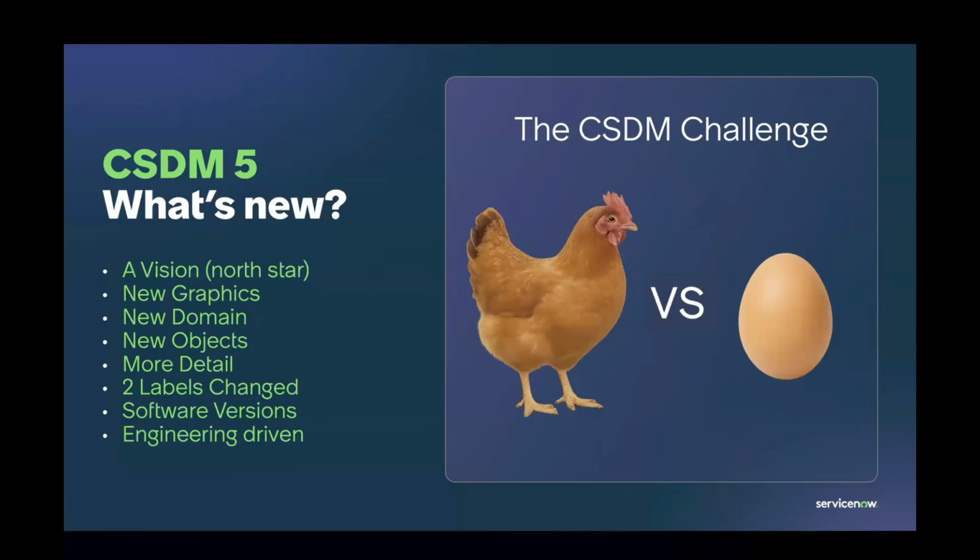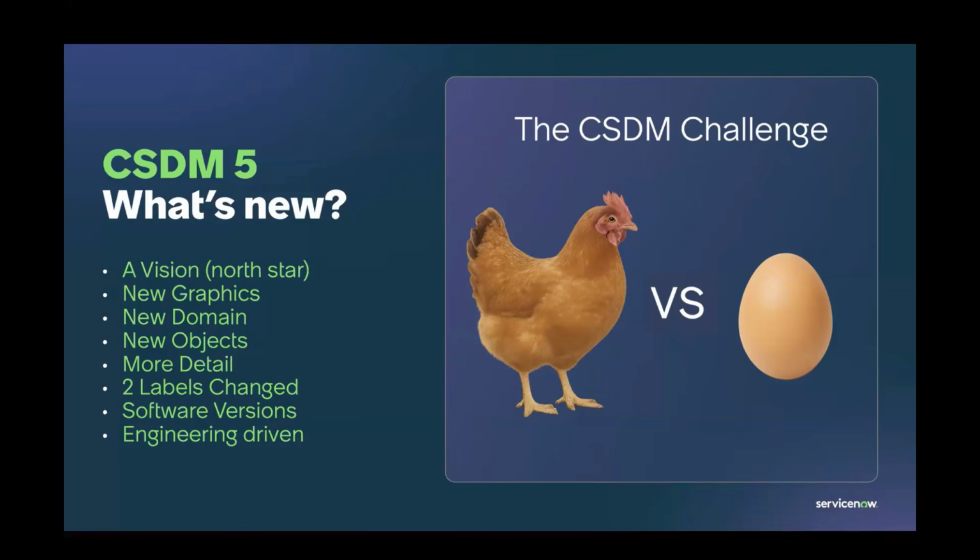One big area that we actually tackled in this revision was software versions. We have SAM and HAM for product versions that are commercial. We didn't really have a good mechanism to deal with in-house software, firmware, or open source software. So that's been addressed in this particular update. And it's now, more importantly, engineering driven.